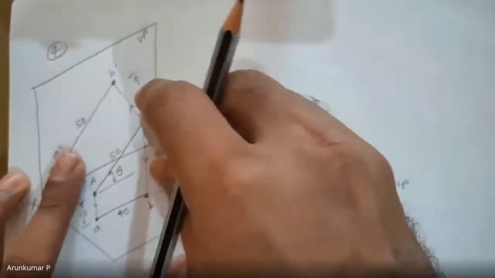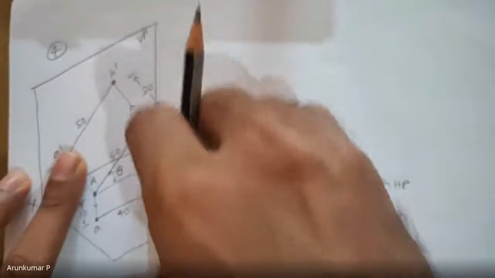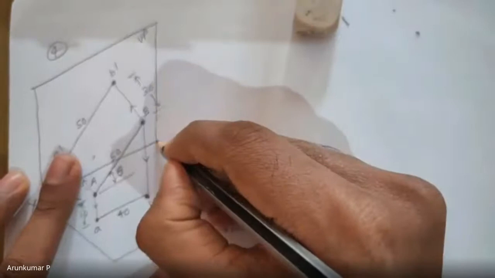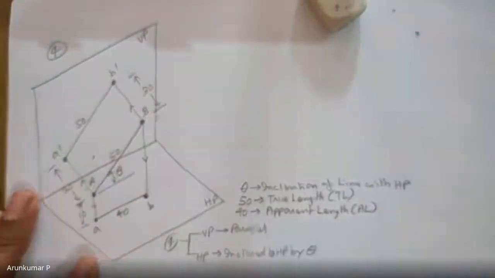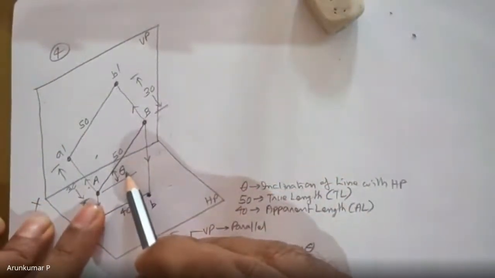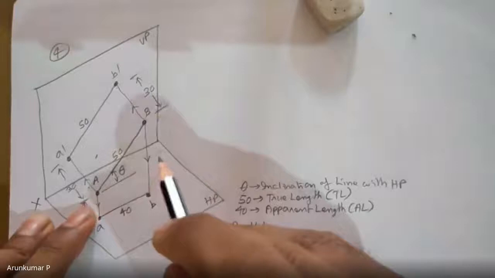Okay, for the timing, I'll have to rub this, otherwise I cannot draw that. What I'll do is make this theta 0. Please observe how I do that.